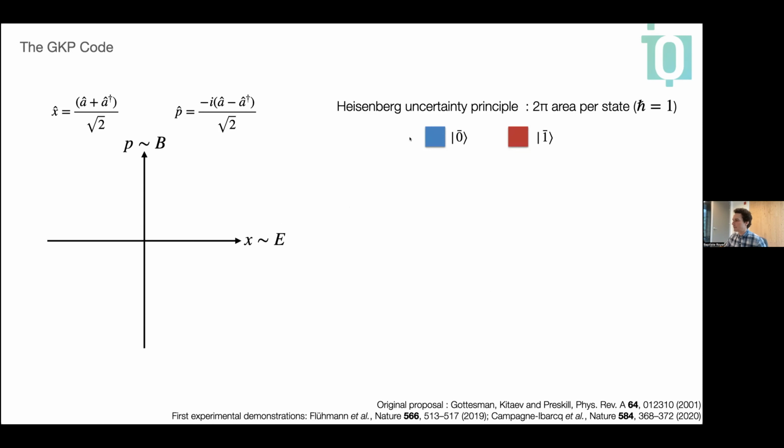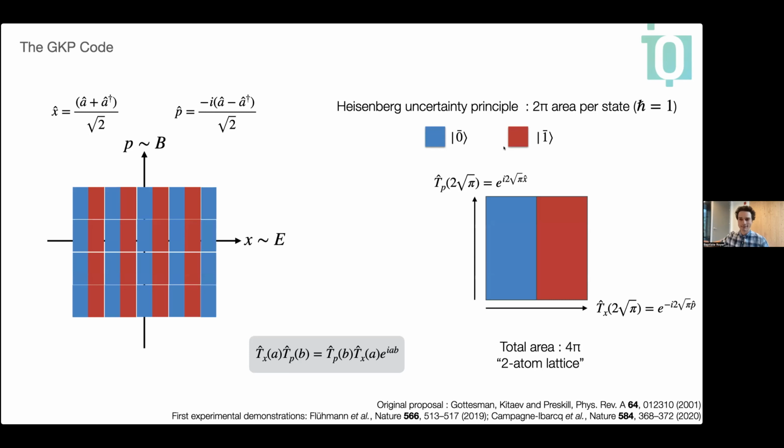So we have two states, 0 and 1, and we want to choose where to put them in phase space. To have as much redundancy as possible, one option is just to tile phase space and say that your logical 0 is a superposition of all the blue rectangles, and 1 is the superposition of all the red rectangles. How do we describe this state?